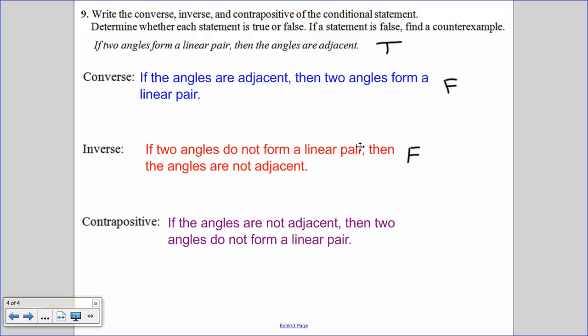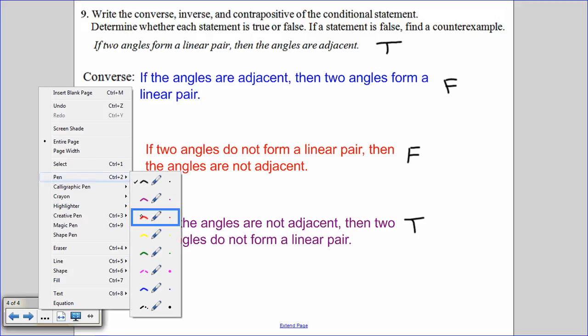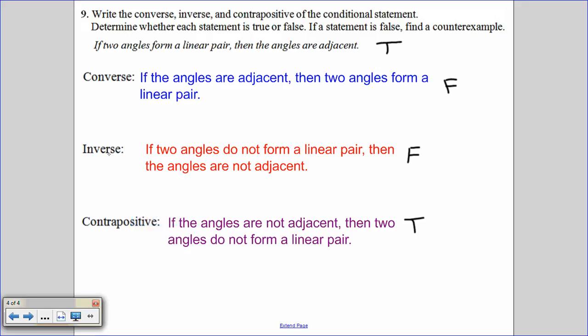And the contrapositive, if angles are not adjacent, then they do not form a linear pair. That's true because you have to be adjacent in order to be a linear pair. So again, this demonstrates that logically equivalent scenario because the conditional and the contrapositive have the same truth value.